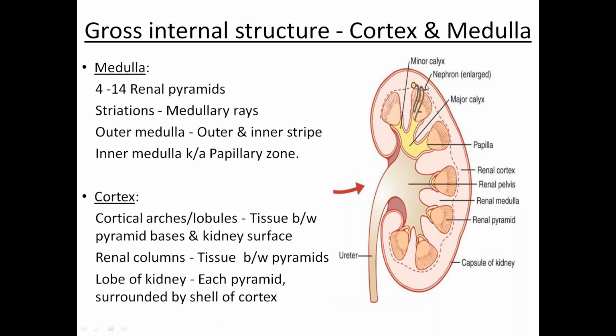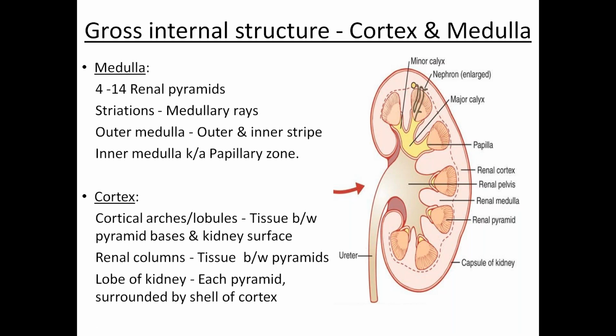So these are the cortical arches or the cortical lobules. And then the second part would be the renal columns, which we spoke about earlier, and that refers to the cortical tissue that lies in between the pyramids. So these are the two parts of the cortex.